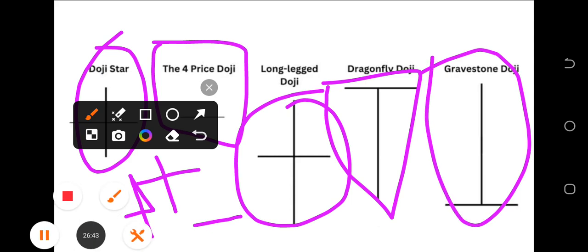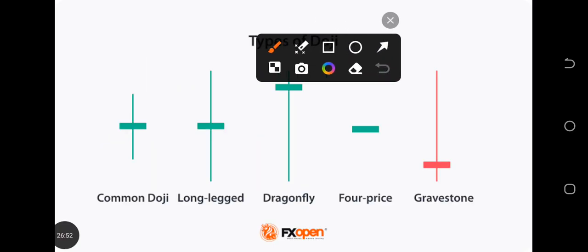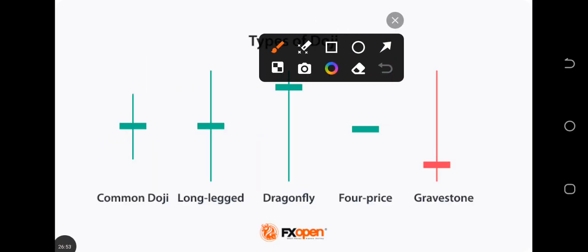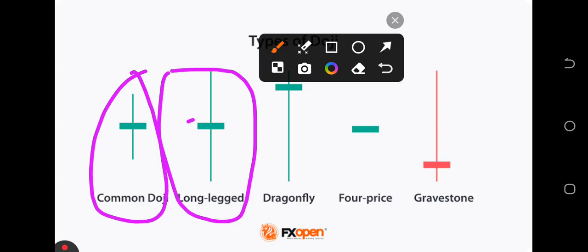Please, a doji candlestick can also appear like this. You can see this is a common doji. These are the same doji candlesticks I showed you, but with a little body in the candle. Look at the body of the candle.